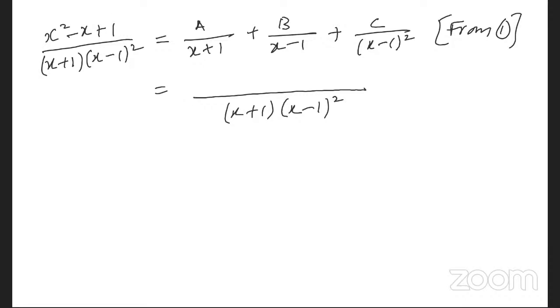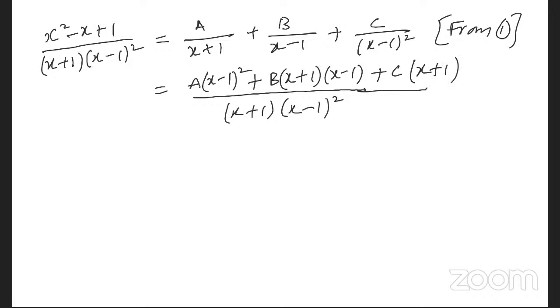So what will be there? a into x minus 1 whole square plus b into x plus 1 into x minus 1 plus c into x plus 1. And what is there on the LHS? x square minus x plus 1 divided by x plus 1 into x minus 1 whole square. So these two terms get cancelled.